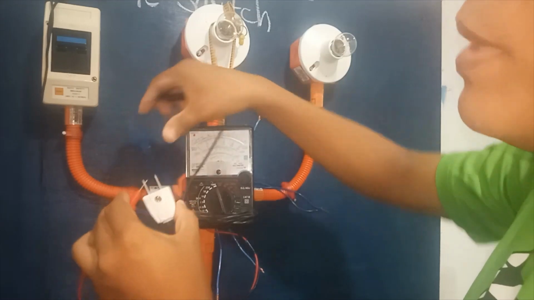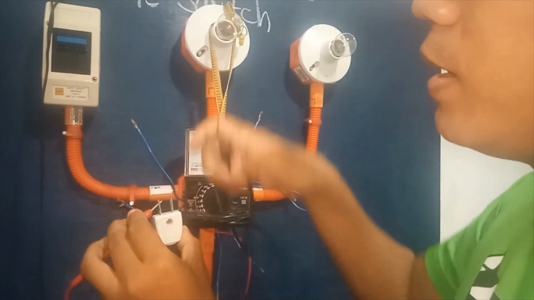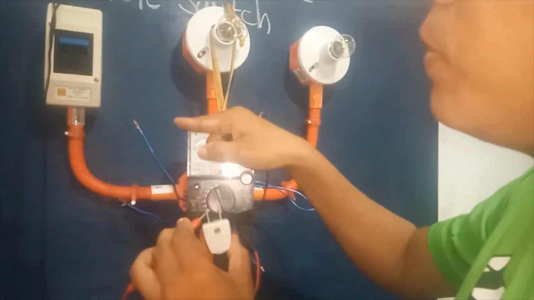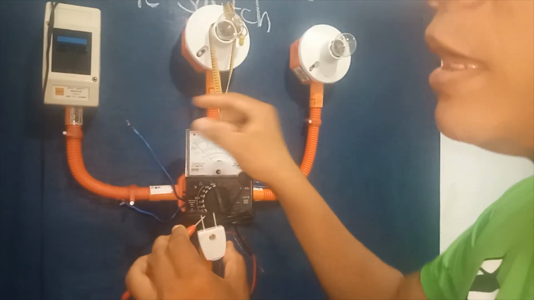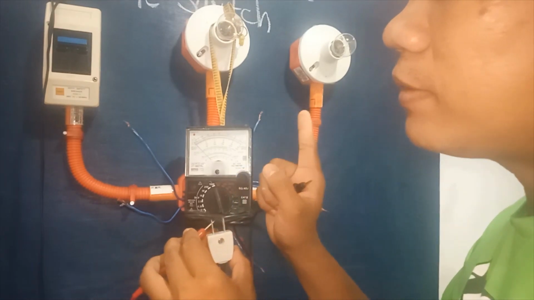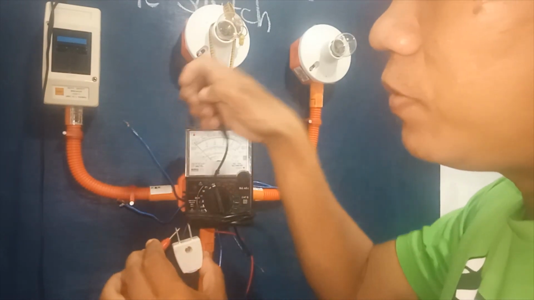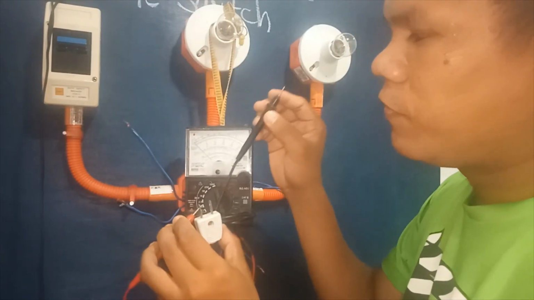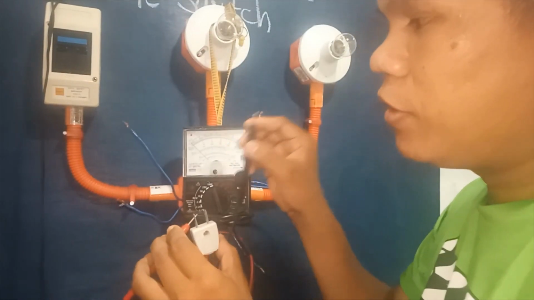Tumutunog, umiilaw, meaning to say, this is our line 1. So, itong wire na to is line 1. Since line 1 siya, hindi natin siya lalagyan ng indicator, or parang palatandaan na yan wire na yan is line 1. Kundi yung ating line 2.